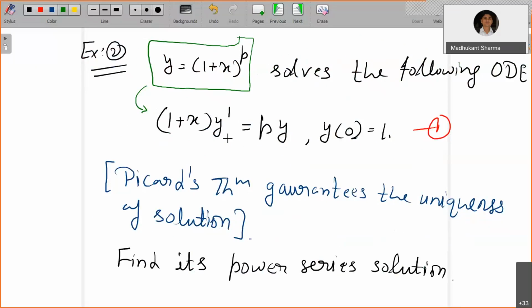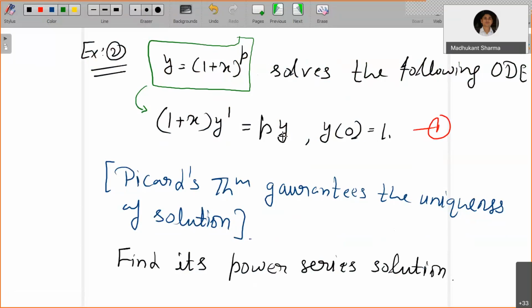If you compare y dash equals f of x, y and y at x_0 equals y_0 with Picard's theorem, the right hand side is continuous and all the conditions are satisfied. So Picard's theorem guarantees the uniqueness of the solution, which means this problem will have a unique solution.